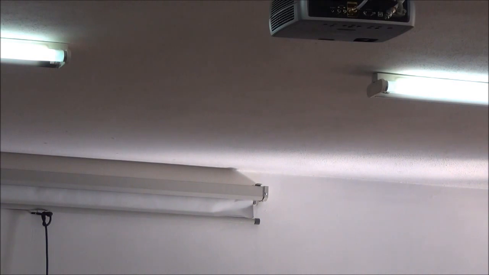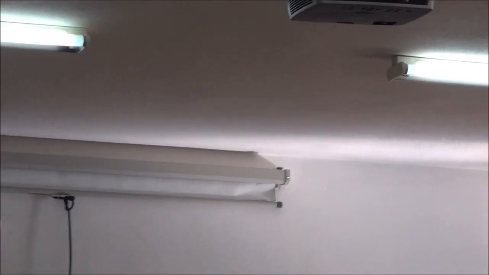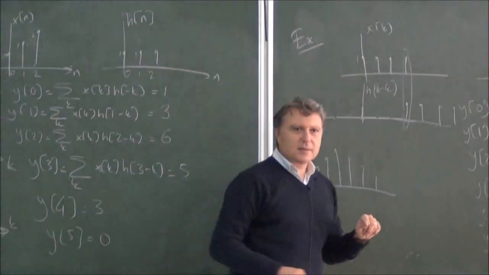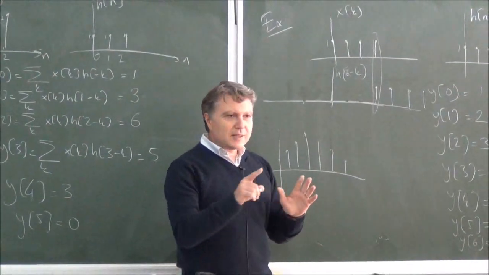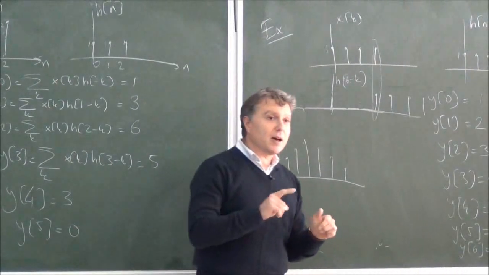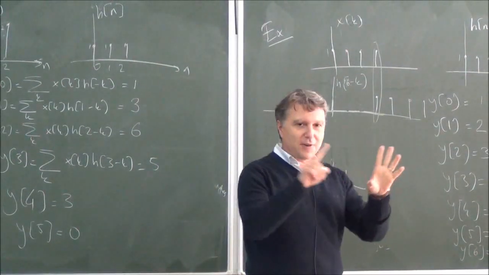Now, I have, well, it's erased. There was this example of infinite extent convolution. Those infinite extent convolutions, unfortunately, the Java applet will not let you do that because it's a finite drawing tool.